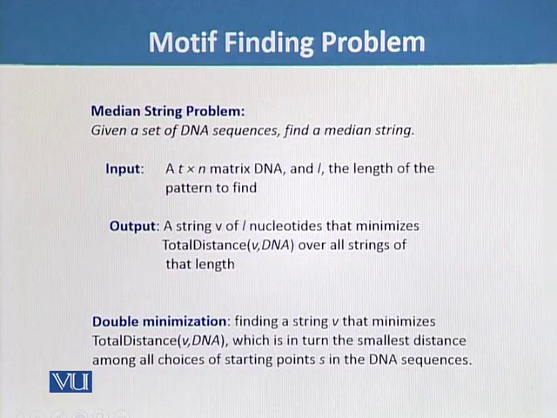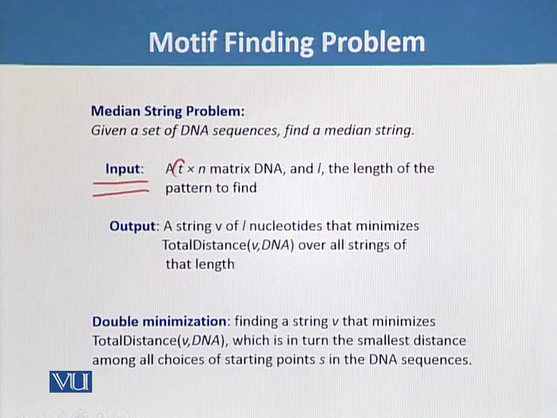So here we can also design an algorithm to find the median string within the DNA sequence. For this purpose we have to input T and N. T is the number of DNA sequences, N is the size of the motif within the DNA sequence, and L is the length of the pattern to find.